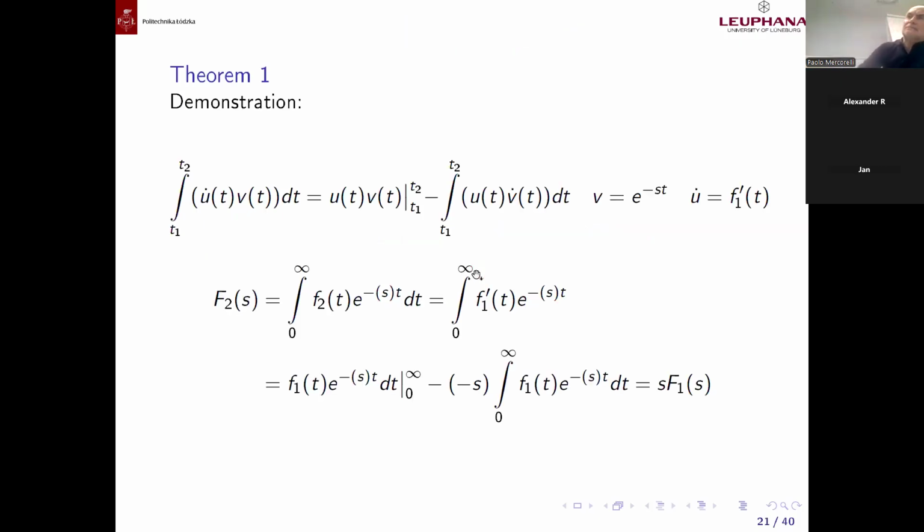The demonstration, let me say, is somehow easy, but uses also this partial integration rule.